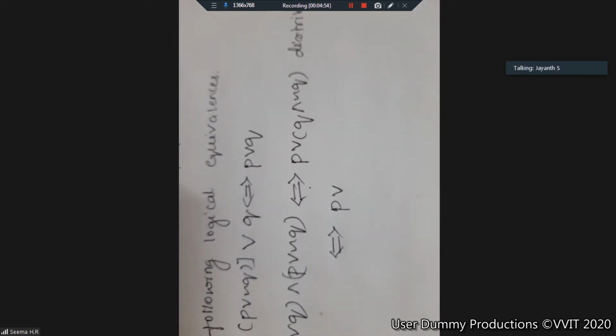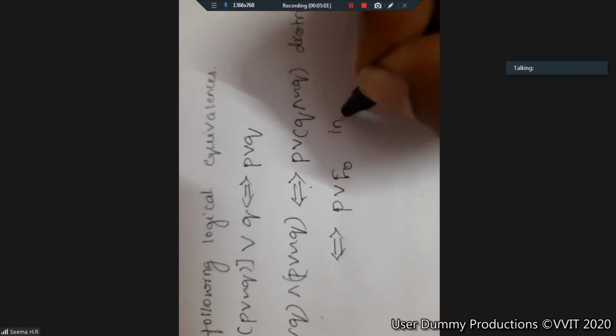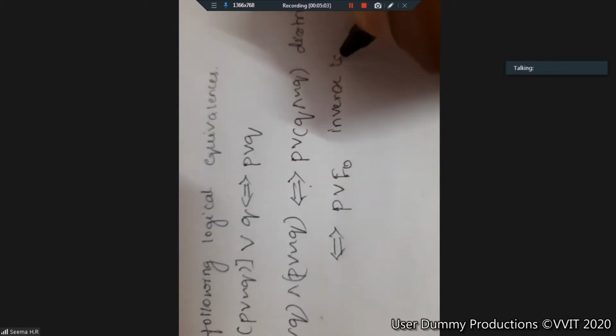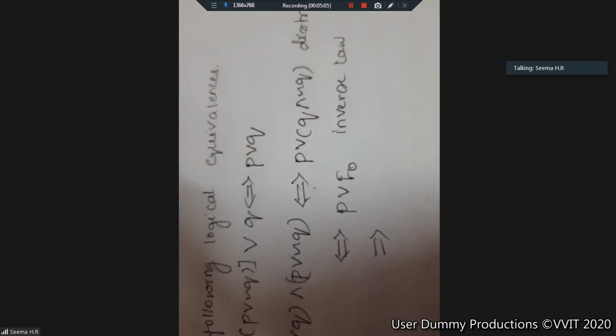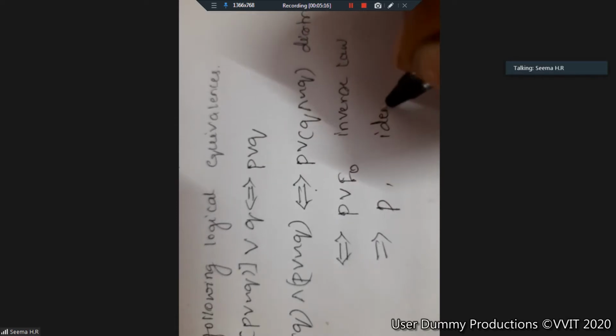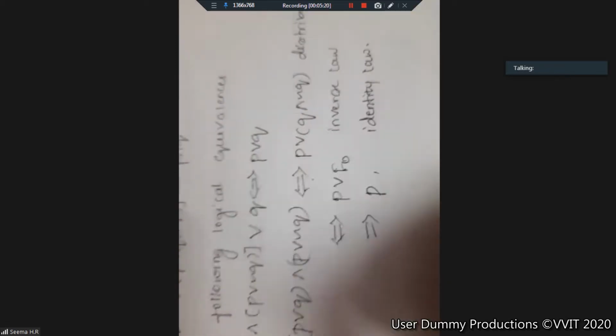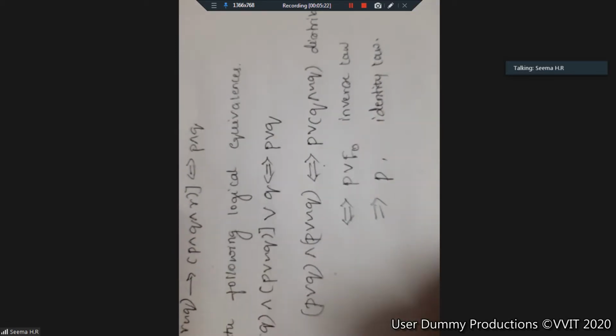True. Sorry, Q and negation of Q is False. So this is by the Inverse law. So what is P or False? P. This is by the Identity law.